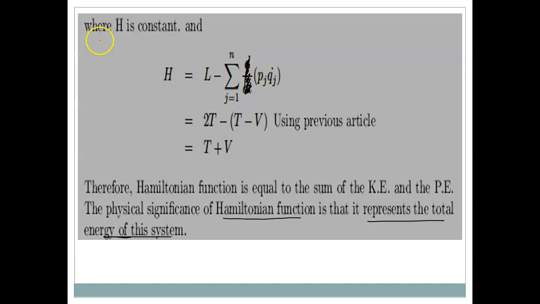Here, since we have considered h is constant, we need to justify how it should be constant when we are calling it a function. So you see, the value of L is T minus V. We are substituting it over here, and this quantity, in our earlier lecture we have proved, is equal to twice the kinetic energy. So in place of this if we write 2T, and in place of L if we write T minus V, in fact this is minus L and this is plus.